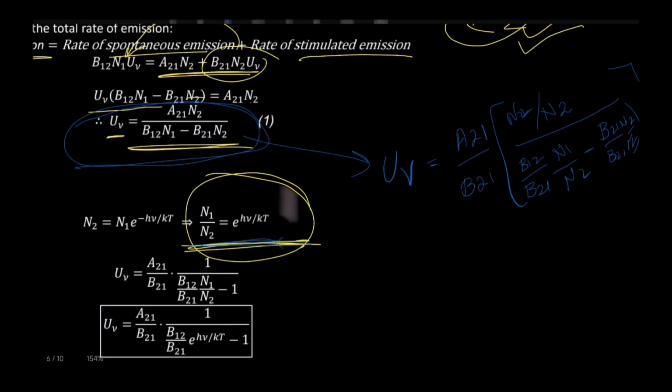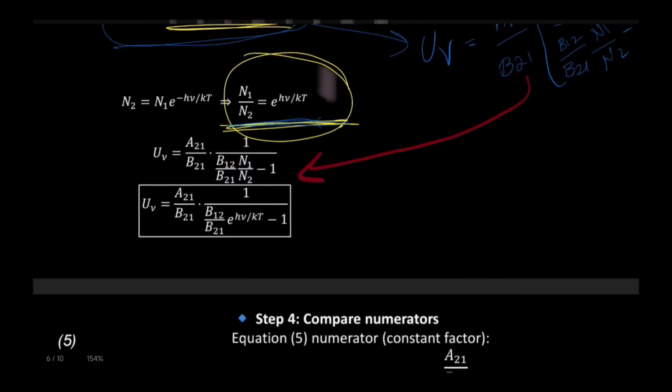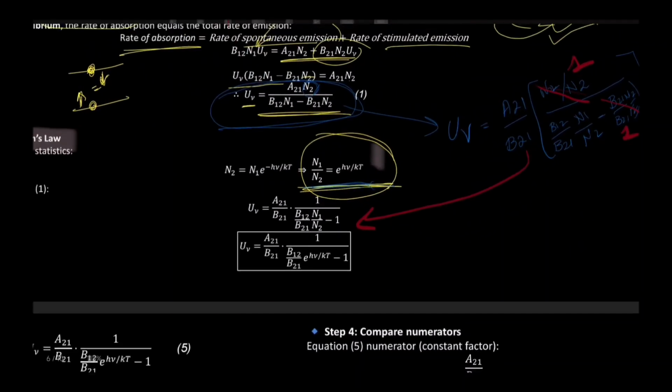So N2 and N2 get cancelled, and this will be 1. Similarly here also, B21, B21, N2, N2, all get cancelled. Then this is also 1. By doing that, we get this equation here.